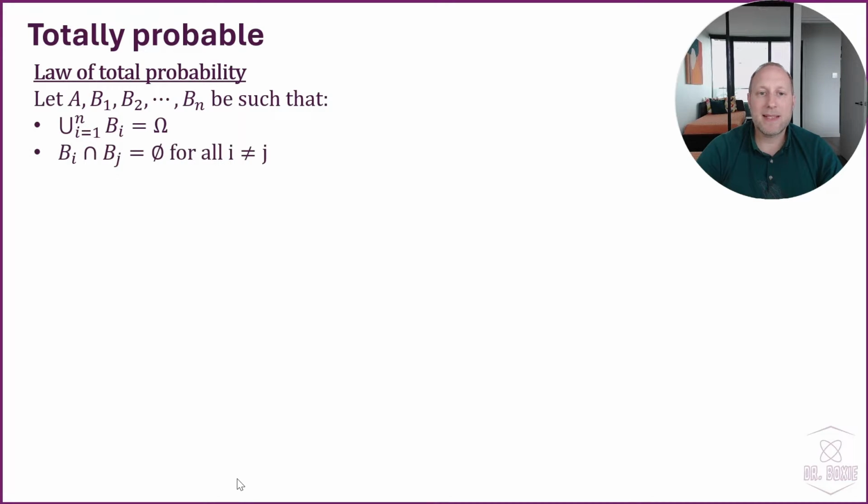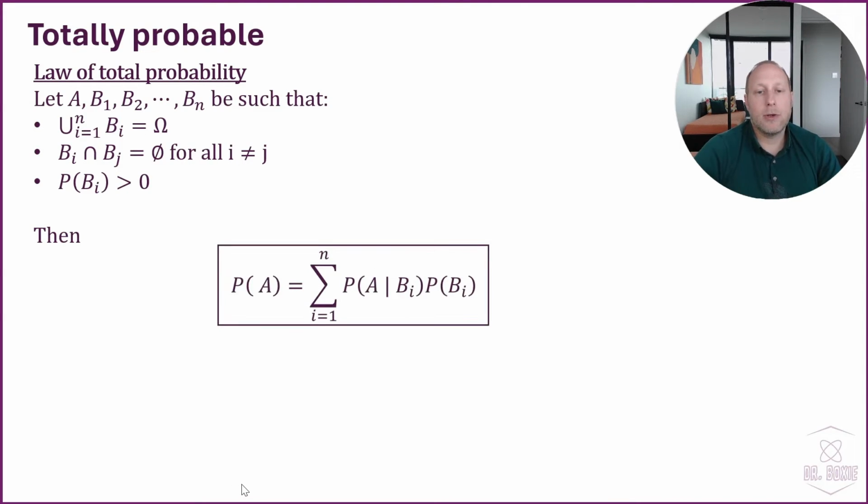The Bi's themselves are mutually disjoint, so the intersection of any two of them, Bi intersected with Bj, is always the empty set. And the probability of each of those Bi's is strictly positive. Well, in that case, it turns out that the probability of some event A is the sum for i going from 1 to n of the probability of A given Bi times the probability of Bi.